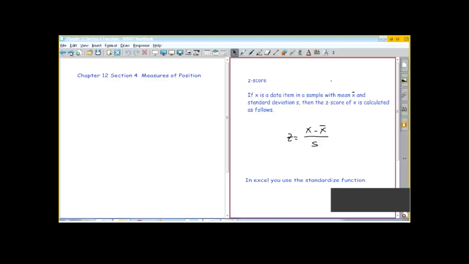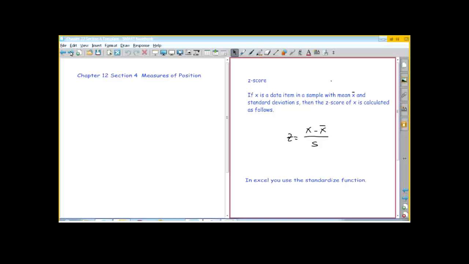Most of them will be within plus or minus 1. All you do is take the data value for the particular data point, subtract the mean, and divide by the standard deviation. It's basically saying how many standard deviations am I greater than or less than the mean.